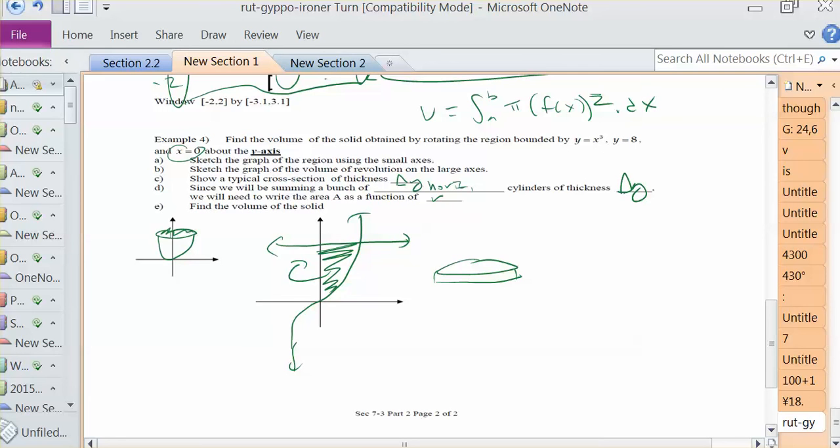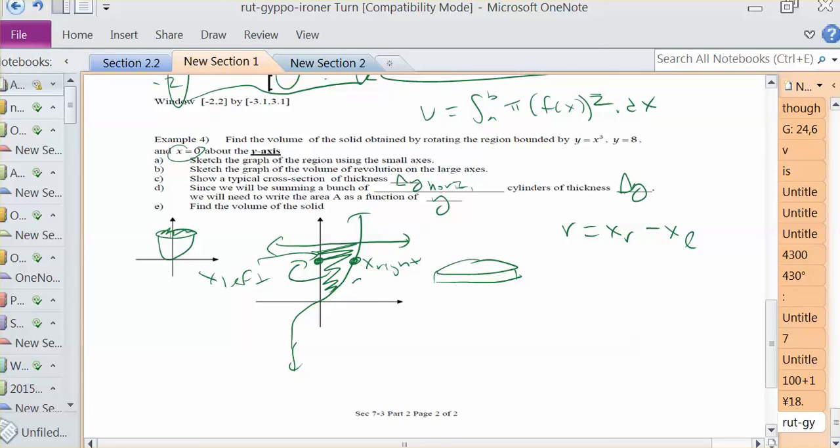So our area has got to be a function of y. In this case, that's x right, and that's x left. So our radius is x right minus x left.